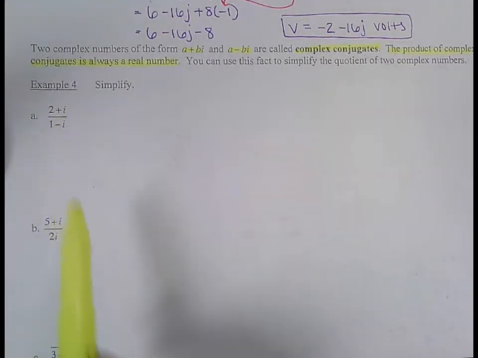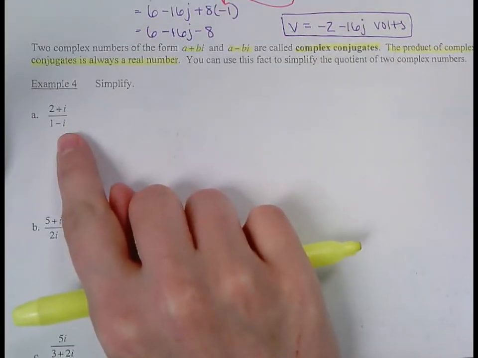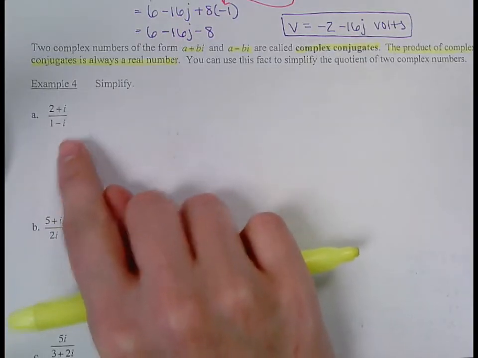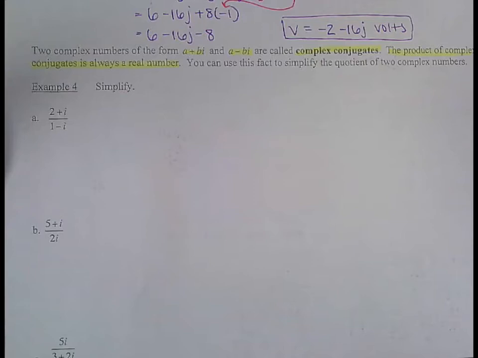The reason these three examples under example 4 are not simplified is because to be simplified, you cannot have an I in the denominator. And all three of these have I in the denominator. So to simplify these, to get I out of the denominator, we actually do this same process when we get to radicals. That'll be in a later chapter, but the process will be the same.